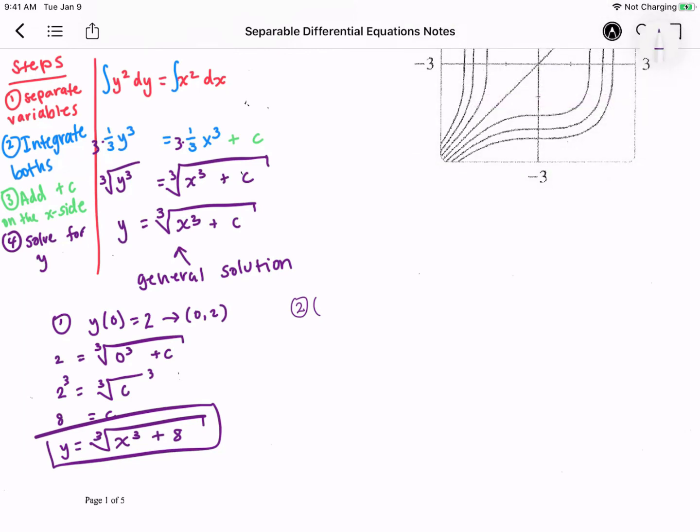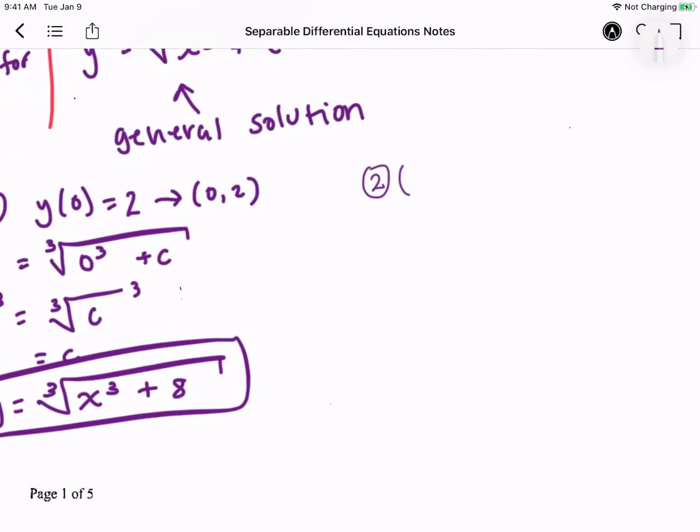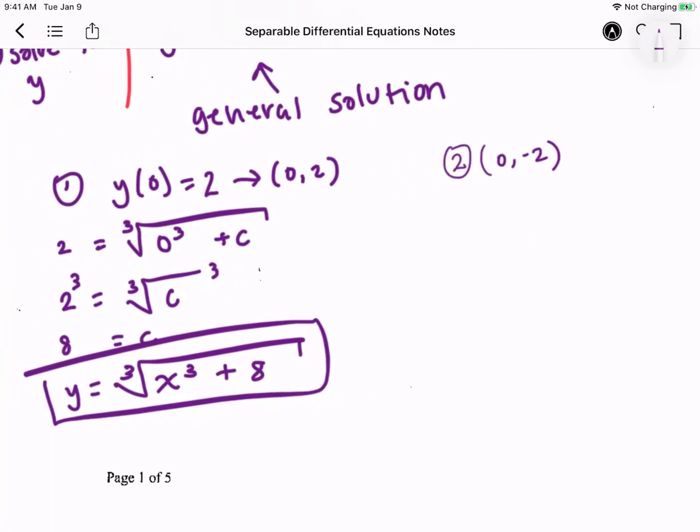We'll do that one. We'll use the other point, which is 0, negative 2. So I'm looking at 0, negative 2. Plug in negative 2. And let's cube both sides.